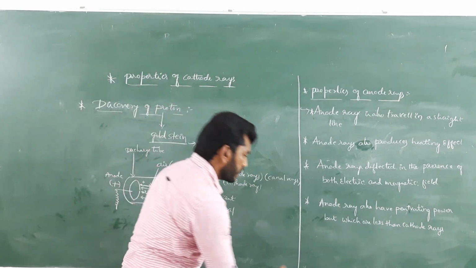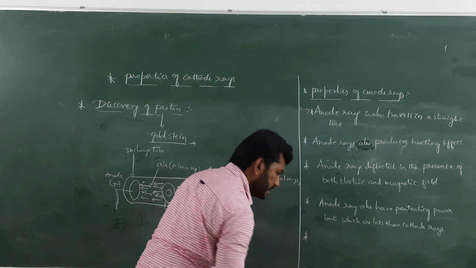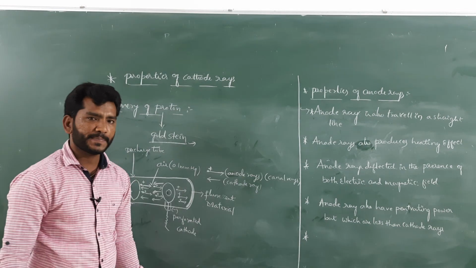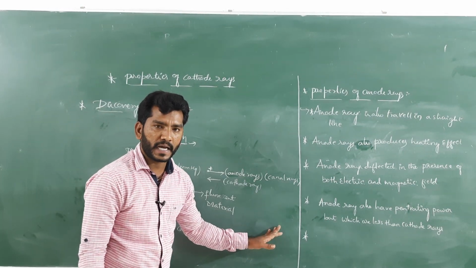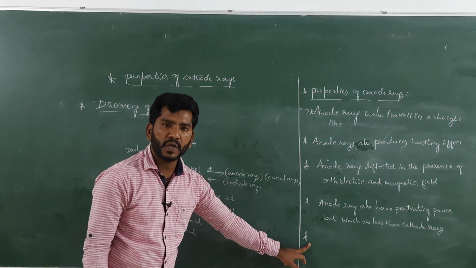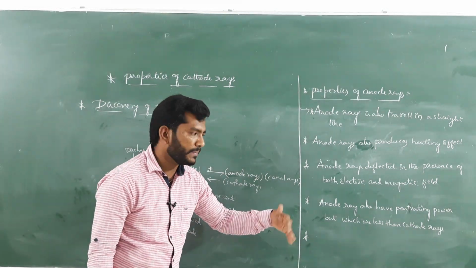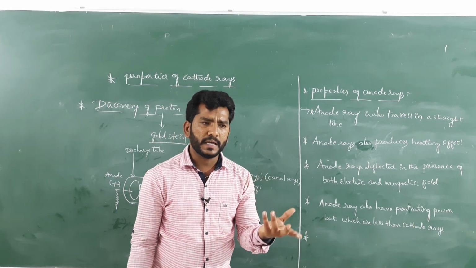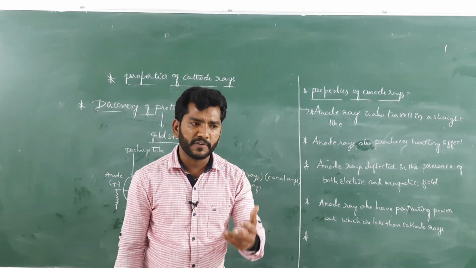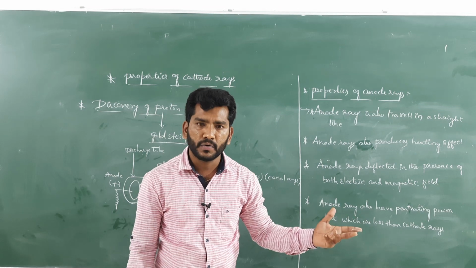Okay, and the next one, guys: in the properties of cathode rays, the e/m value is constant, but here the e/m value is not constant. The e/m value is going to vary. Okay, why? Because if you take different gases, different gases have different masses, isn't it?